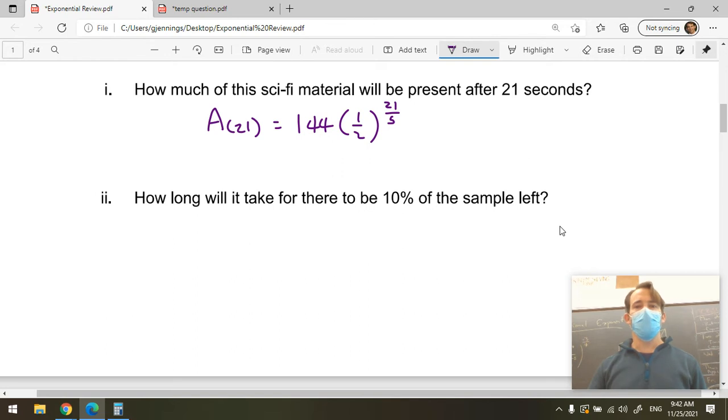Some of you have been saying that your calculators are not cooperating. So put your exponents in brackets. That will force your calculator to do the proper BEDMAS.